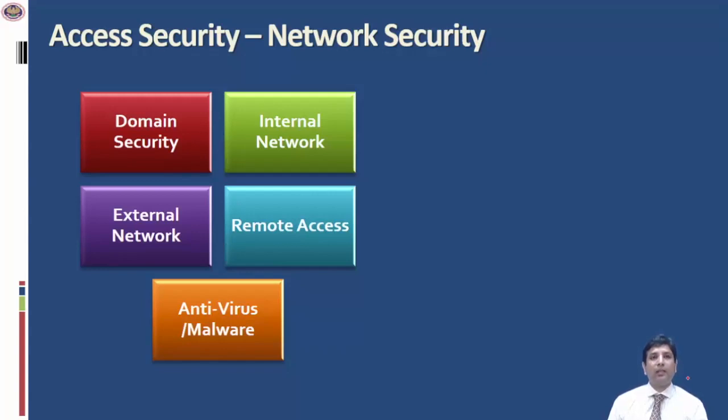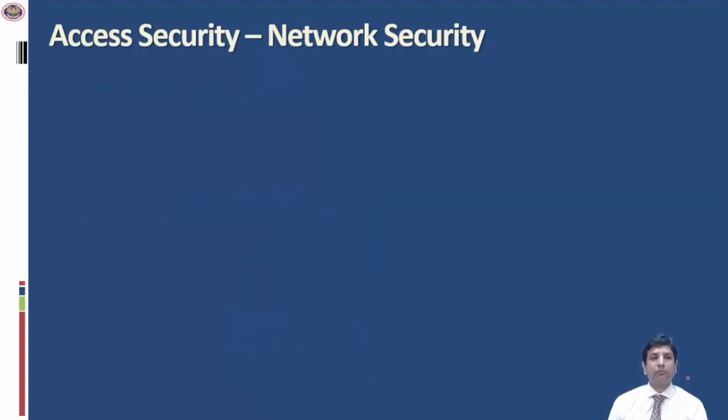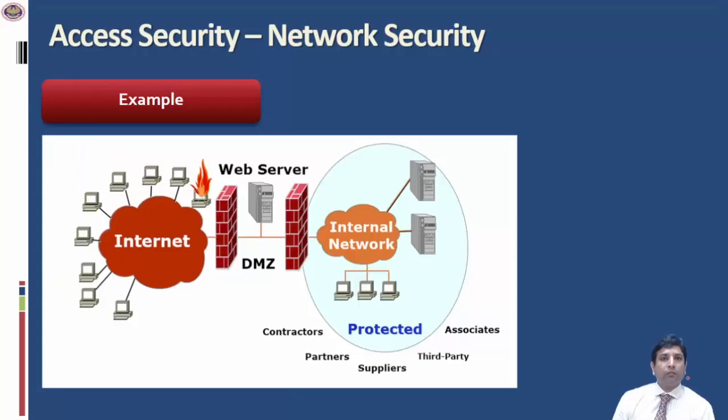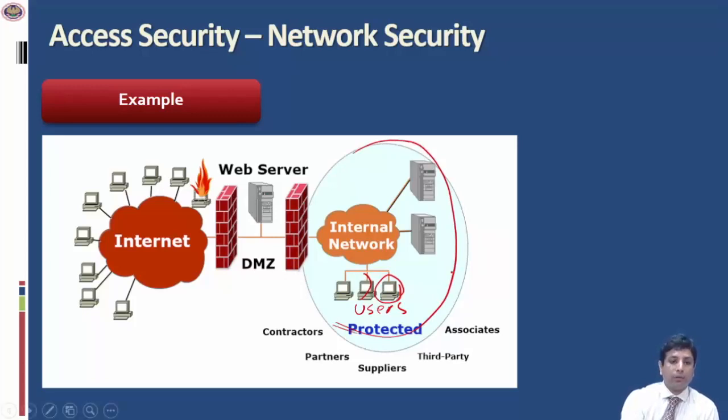Now let us look at a simple example of how a network is designed or how a network is laid out in a company. In this example, we see that these are the individual systems which users use, and this entire ecosystem is the company's internal network.